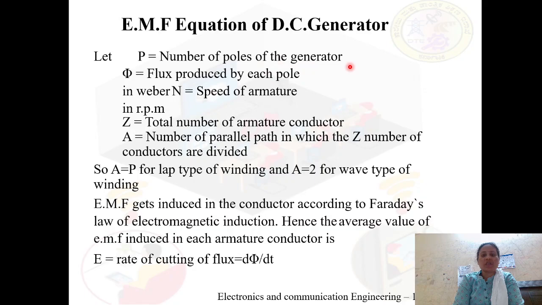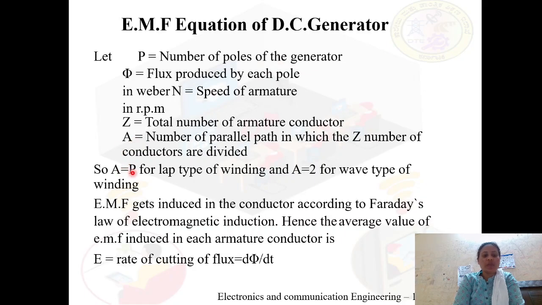Assume the number of poles of the generator as P, the flux produced by each pole as phi, and the speed of the armature in revolutions per minute as N, capital N. The total number of conductors we take as Z, and the number of parallel paths over which the conductors are distributed, let us call it A.